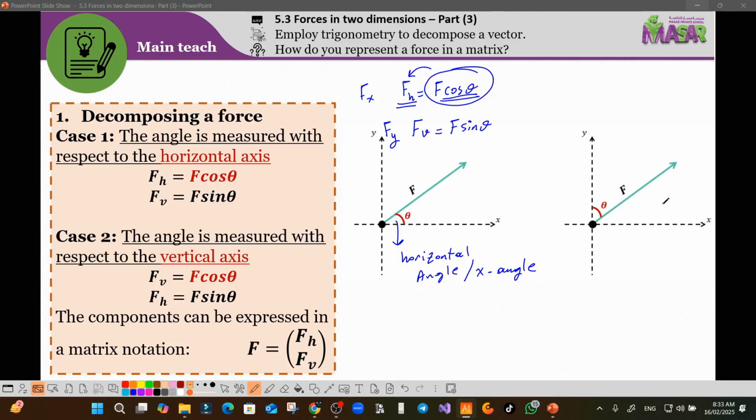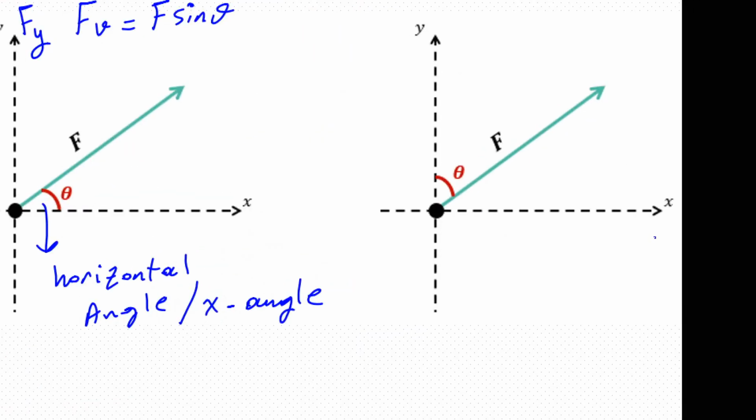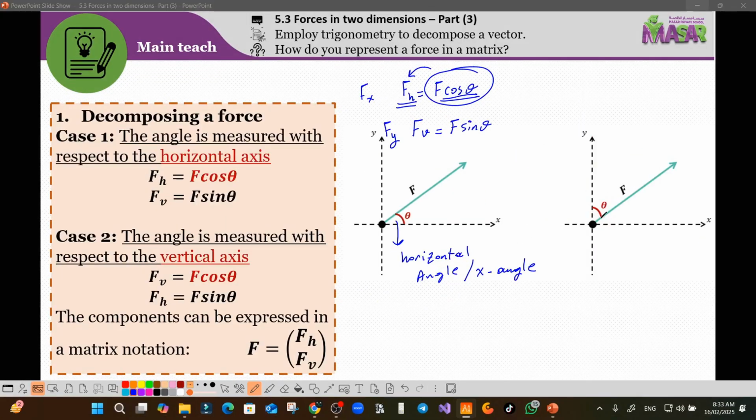Now, in the second case, the measurement of the angle is different. We can see here that the measured angle is between the force and the y-axis. This angle is known as the vertical angle, or the y angle.